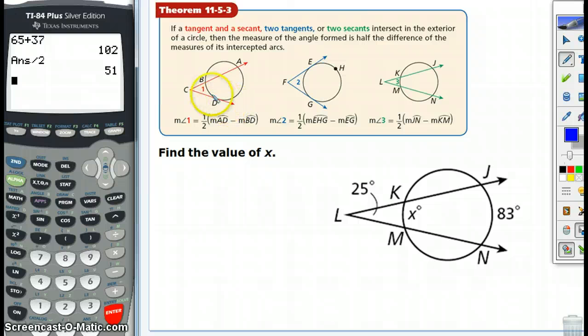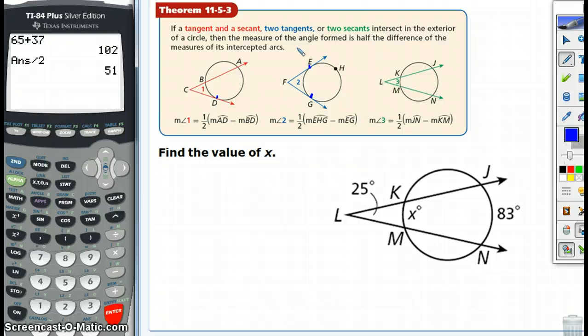The final theorem today is: if a tangent and a secant, two tangents, or two secants intersect, this is a tangent because it only intersects at one place here at D, that's a secant, or two tangents, you can see this is a tangent there and that's a tangent there, or two secants. Wherever they intercept, the angle that they make is equal to half the difference of the measures of its intercepted arcs.